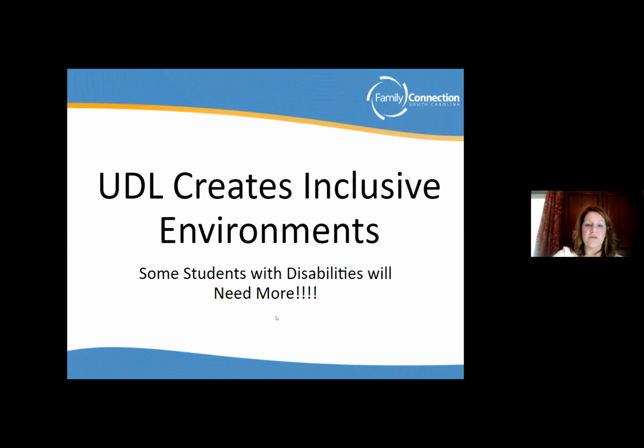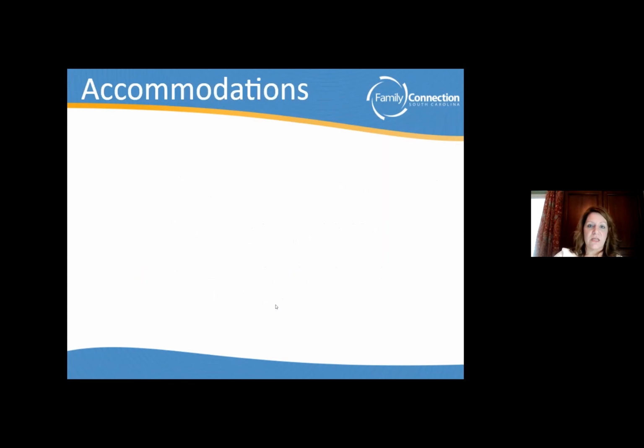So we've talked about UDL creating inclusive environments, but the thing to remember with that too is no disability is created the same for each child. You can have two students with the same learning disability in reading comprehension, but they might need different accommodations. And some students with disabilities also need more, depending on the kind or the severity of the disability.